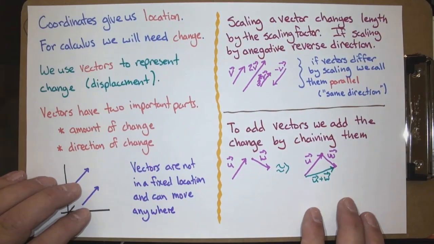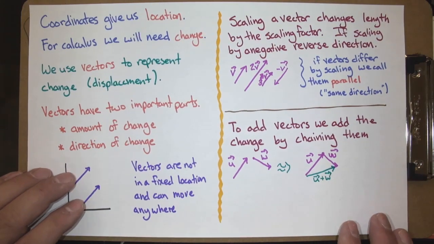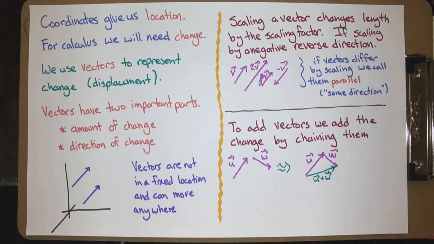All right, so as I said, we need change for calculus. So far, we focused on coordinates, which give us location. But we want to say, okay, how am I describing the change between two locations? And this will be what we call vectors. Now, vectors have two important components.